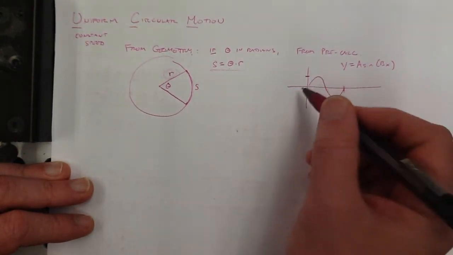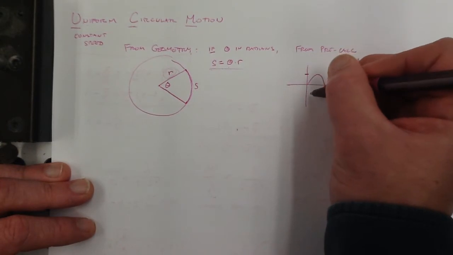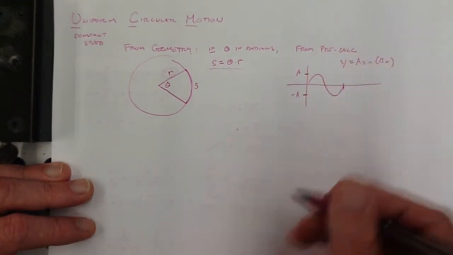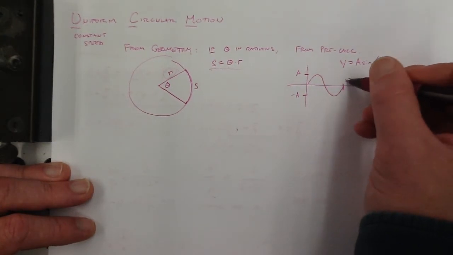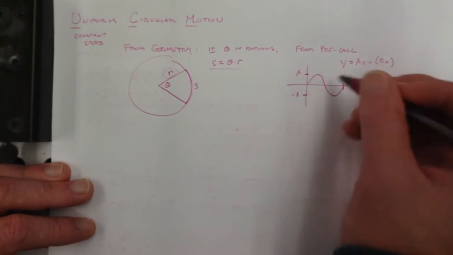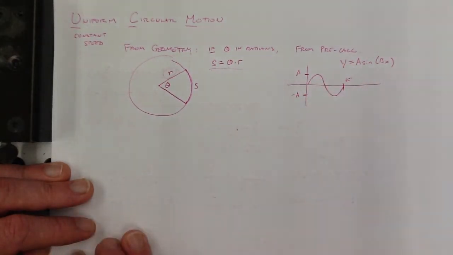So in other words, if we've messed with the scaling of it some, this a is just the amplitude, that would be how much it goes up and down. And then what about this? This is the so-called period. It's how much x-axis it takes for one full pass through the function.